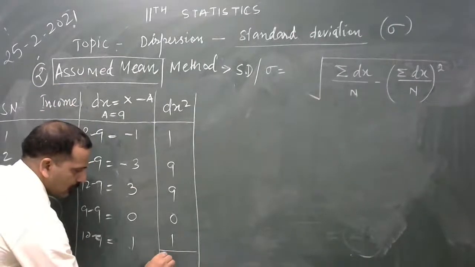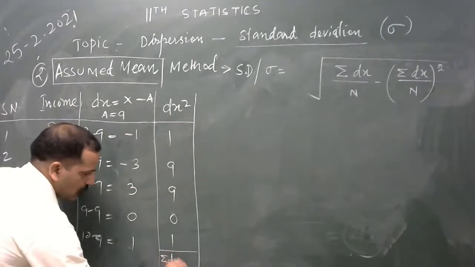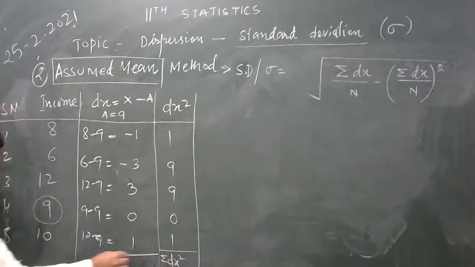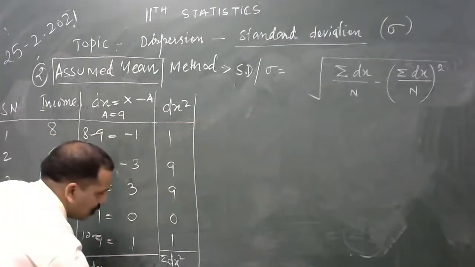Summation of dx square. So n is 5. What is the value of summation dx square? Speak loudly. 20.